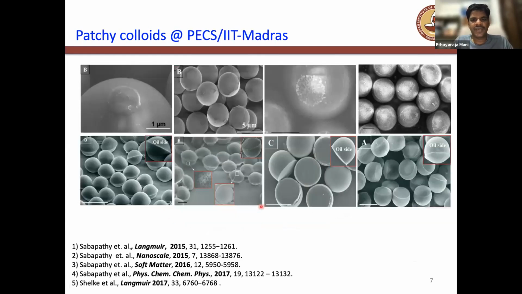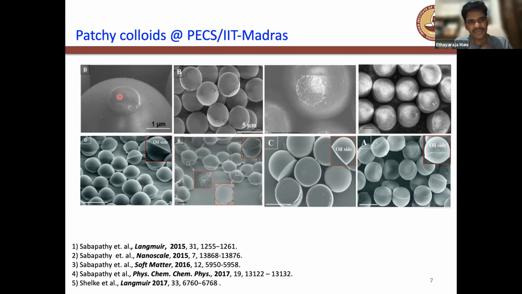So now, coming to our research in the last 5-6 years or so, we have been looking at various means by which we can create these different types of patchy colloids. Here is something I'm just trying to highlight. What you see here is a pointy single patch on a substrate particle. Here the backbone is your silica particle, and this is basically a polymer patch.